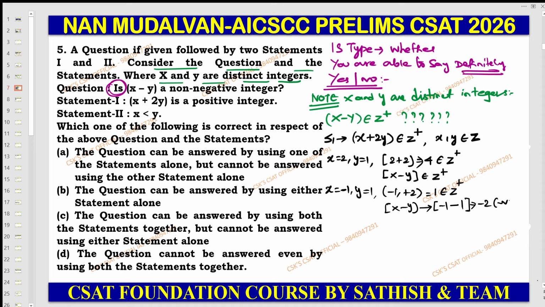Whether x minus y is non-negative? No. It is negative. The question here is non-negative. Statement number 1 is wrong. One case gives you a non-negative, one case gives you a negative. Therefore, that statement is wrong.